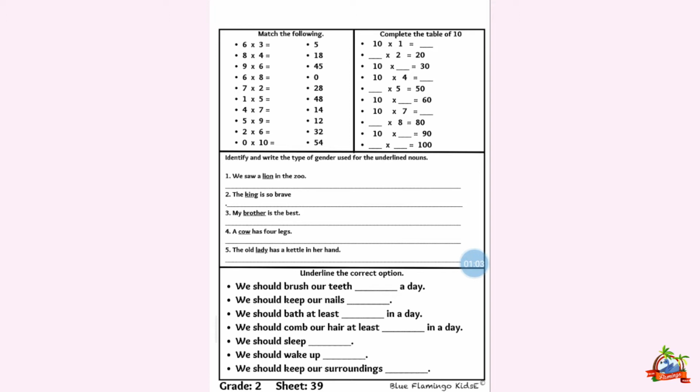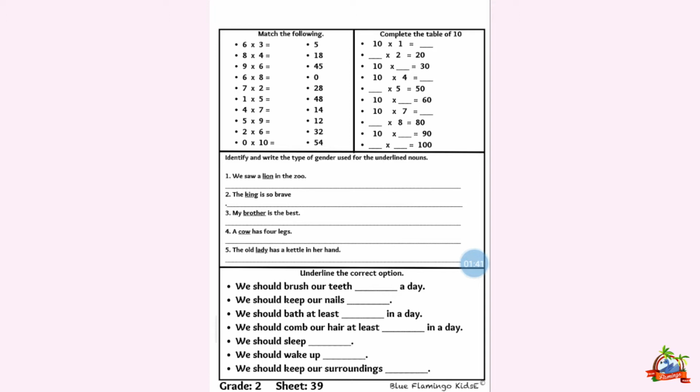You will match with 32. 9 6s are 54. 6 8s are 48. 7 2s are 14. Understood? So what you will do is you will read the table and match the answers. Table read करोगे और answers को match करेंगे.